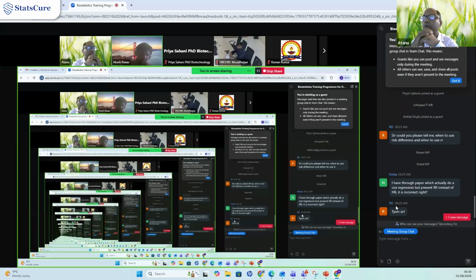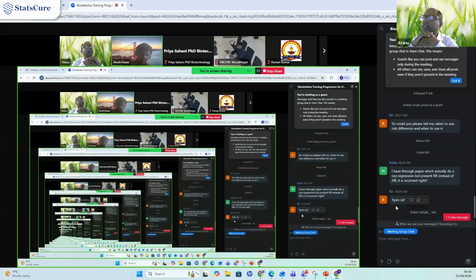You have to look very thoroughly: after calculating the hazard ratio, they may make a derived variable as relative risk. This means they calculated the hazard ratio because they say that they are using Cox regression. Using Cox regression, they got the hazard ratio, but after calculating it, they used the hazard ratio to go for relative risk.